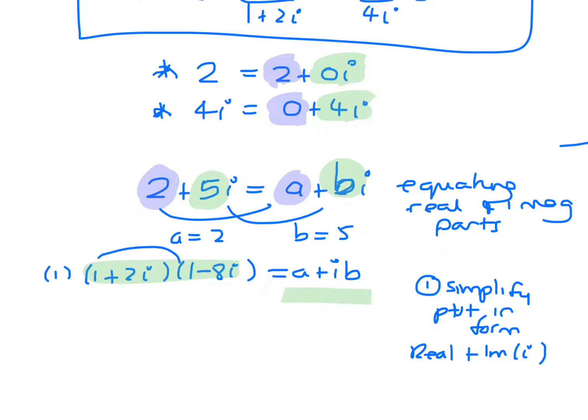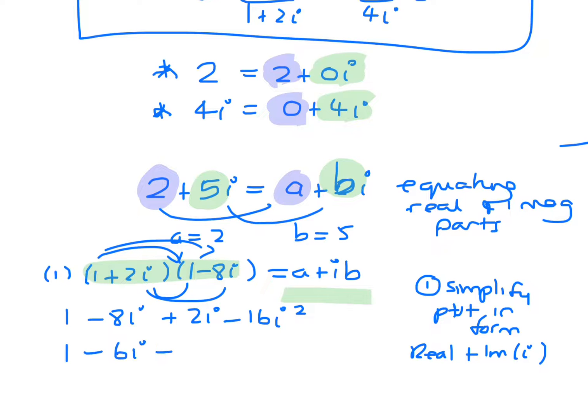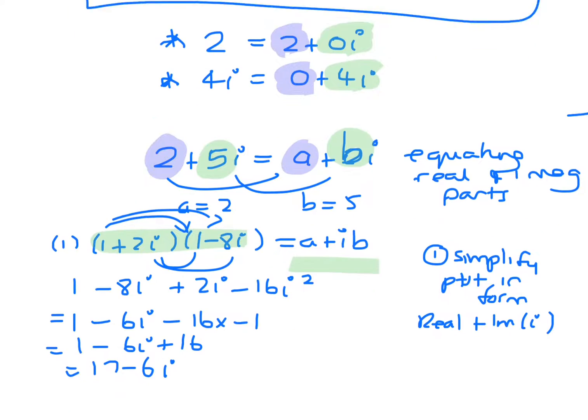Okay, so when you expand this, you get 1 minus 8i plus 2i minus 16i squared, because 2 8s are 16 and i times i is i squared. So it's 1 minus 6i minus 16i squared. i squared is minus 1, so it's 1 minus 6i plus 16, which is 17 minus 6i.